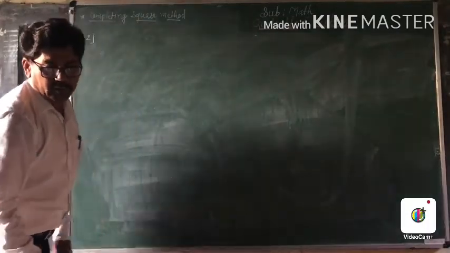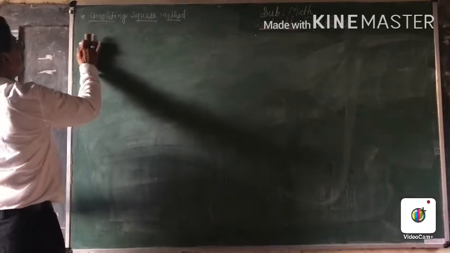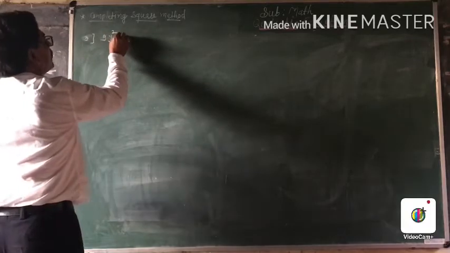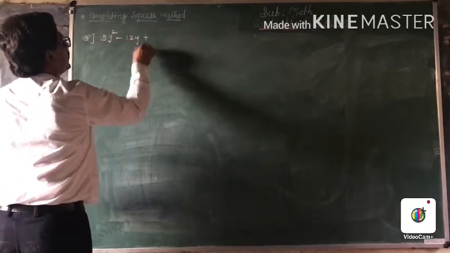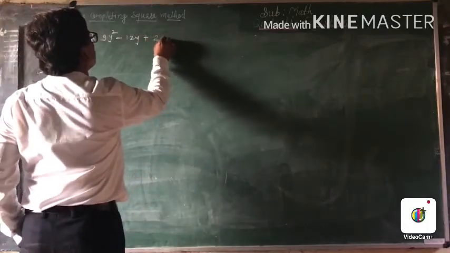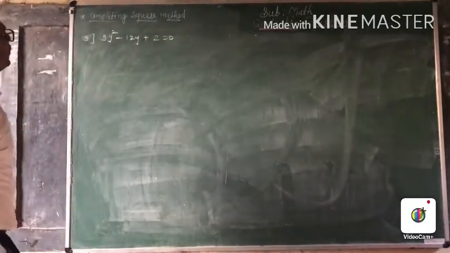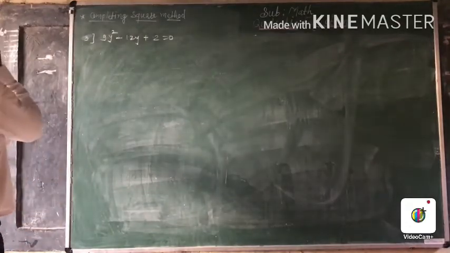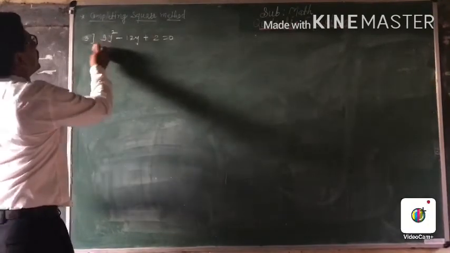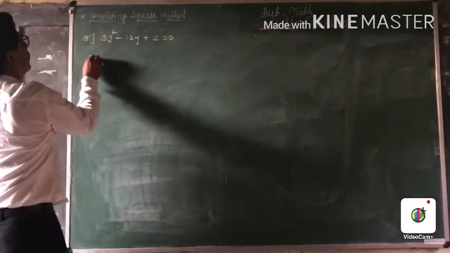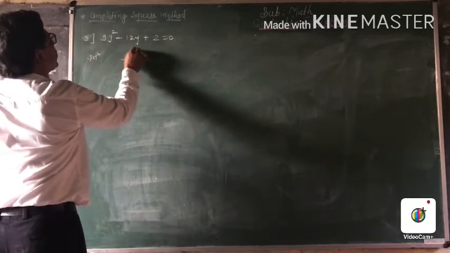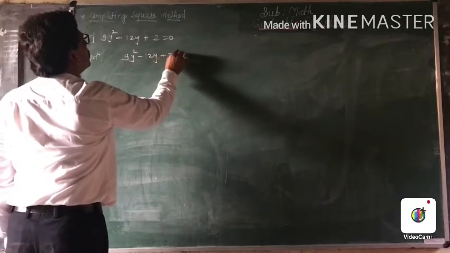Nine y square minus 12y plus 2 is equal to 0. The given equation is 9y square minus 12y plus 2 is equal to 0.